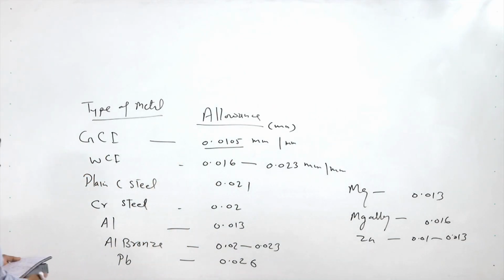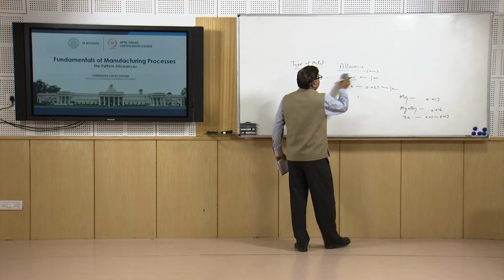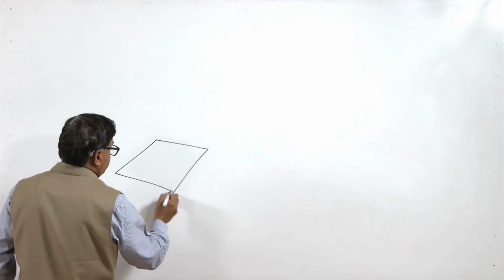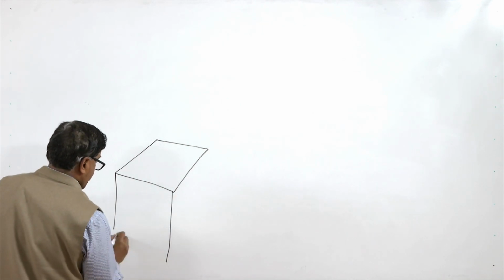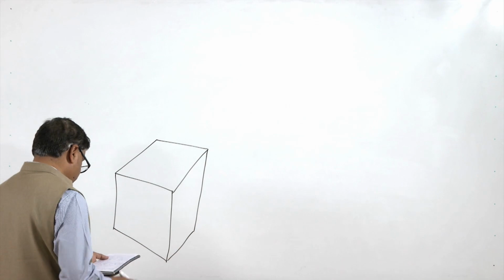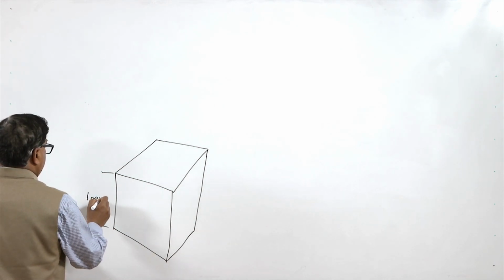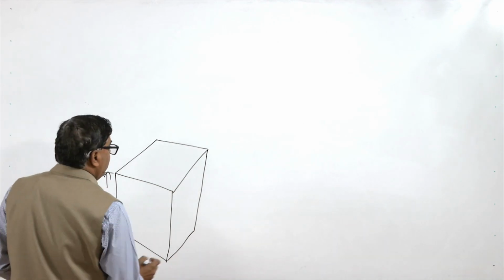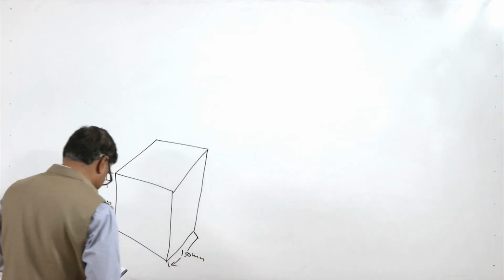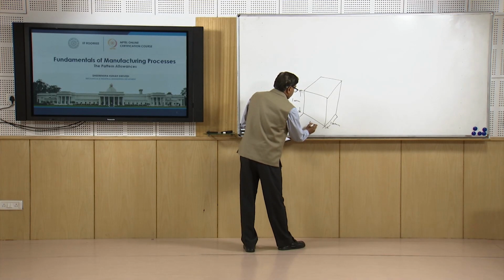If we take an example to consider how the shrinkage allowance is given, let us see that. Considering an example wherein the height is say 100 mm, the width is 150 mm, and this dimension is 200 mm.